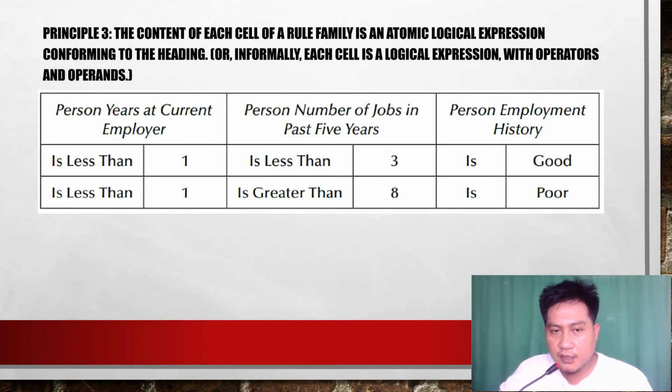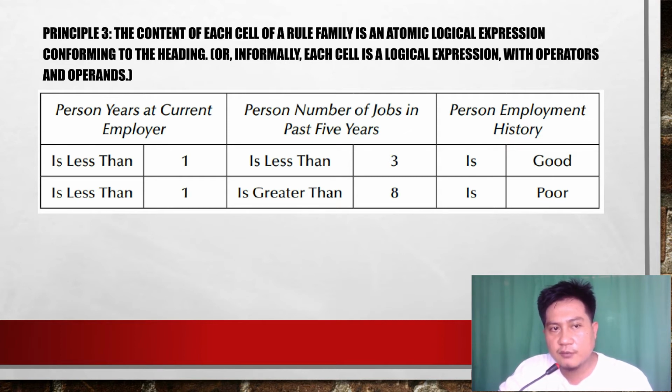From an empty two-dimensional table with heading and content, or columns and rows, then principle number 2, that the heading should have fact type labels, a piece of information, and then the body should be a logical expression composed of operators and operands.